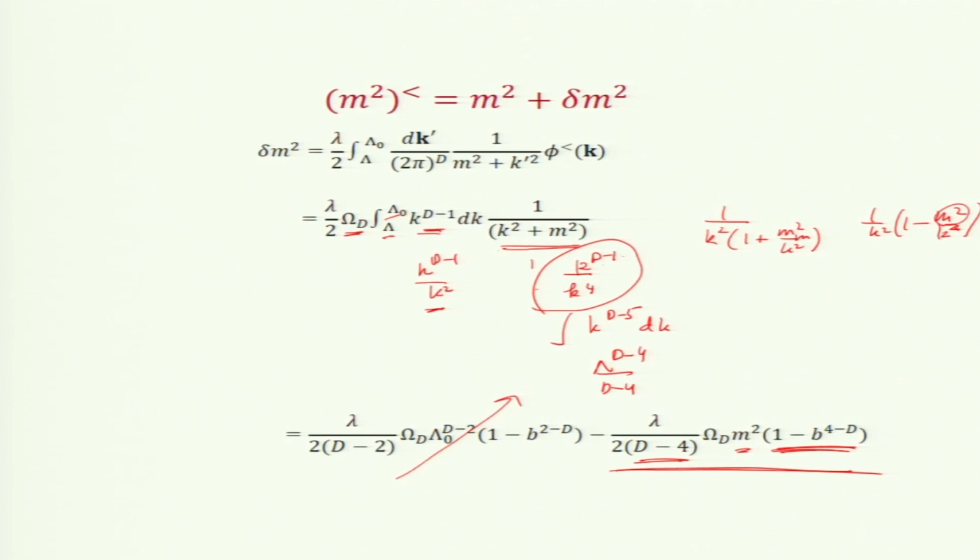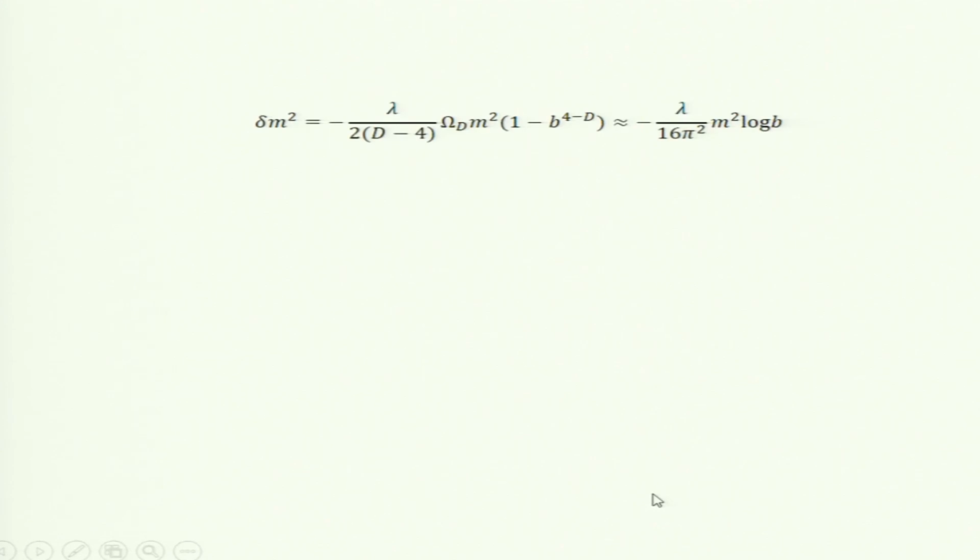This is a bit of algebra, but we will skip some steps and just keep this term. Now, b again I expand: b is e to the power l. So, you can write this as e to the power l times 4 minus d, where 4 minus d is epsilon. So, this gives you log b.